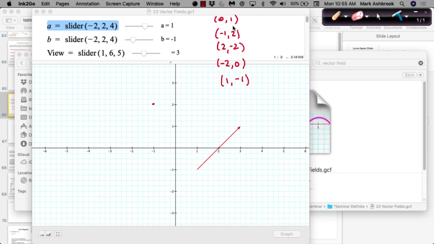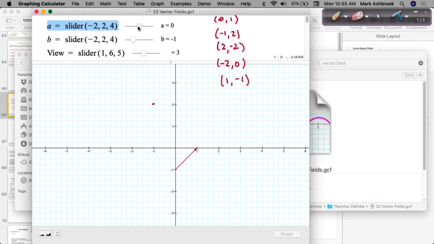I can show one of these again if you want. Which one? You showed the first one, 0, 1? There's 0, 1. Yeah. You showed 2, -2. 2, -2, sure. There's 2, -2.